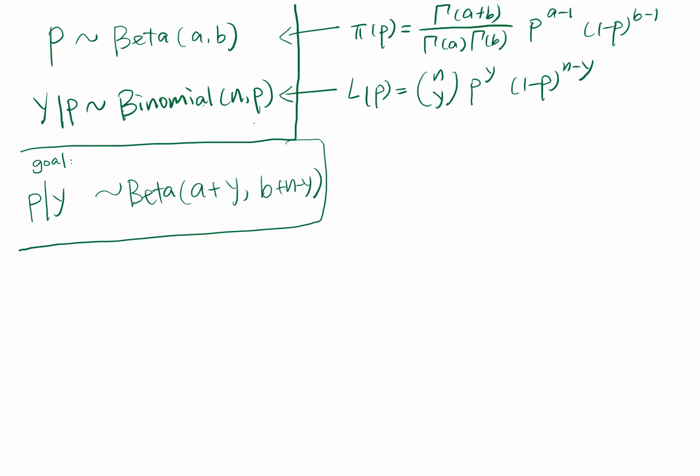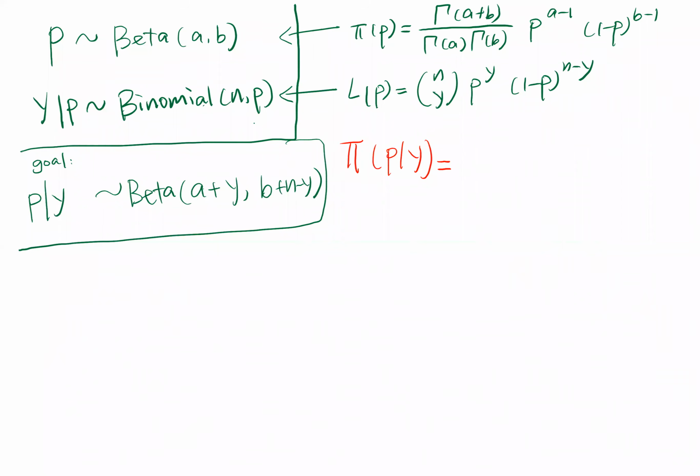So I will start for you, and then I will ask you to continue before we bring it back as a whole class. So remember, we use this pi. Let me close this window so it's easier. Okay. I use this pi, and then p given y as the notation for a posterior distribution. So what should we have using Bayes rule?